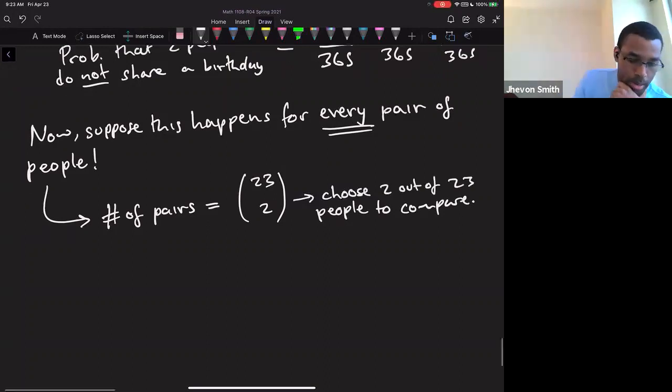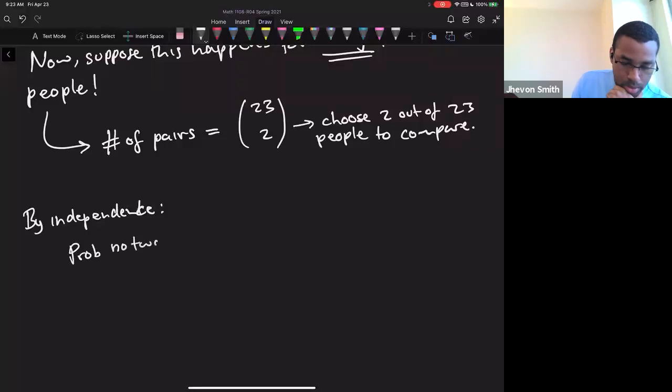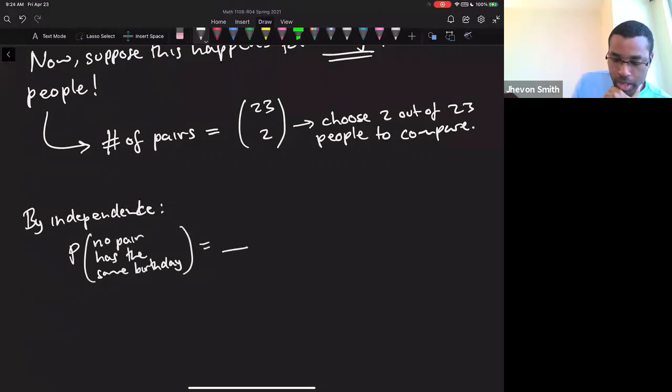So now by independence, probability no pair has the same birthday. Well, that just means the first pair doesn't, the second pair doesn't, the third pair doesn't, and you multiply them.